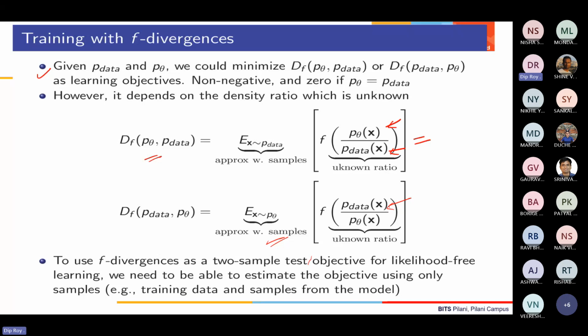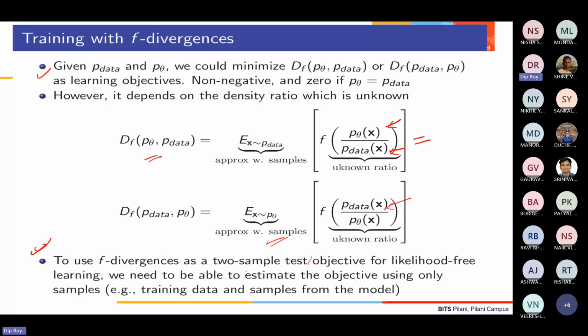Now the question is how to use F divergence as a two-sample test objective, as written in this last line. For likelihood-free learning, we need to be able to estimate the objective using only samples.